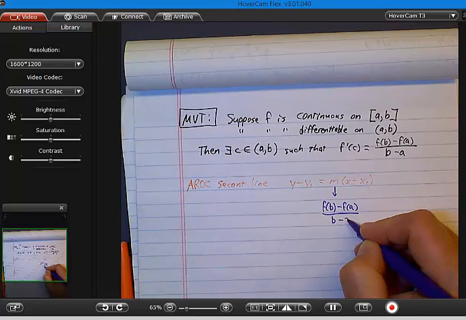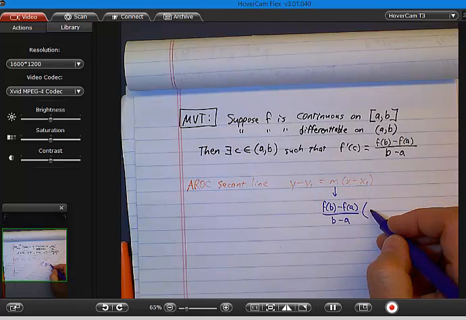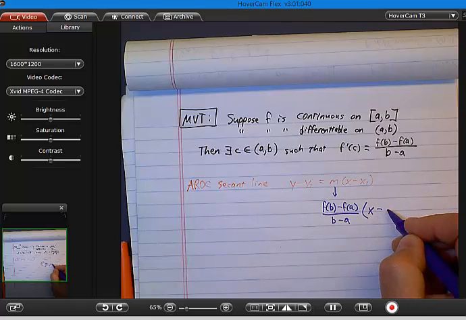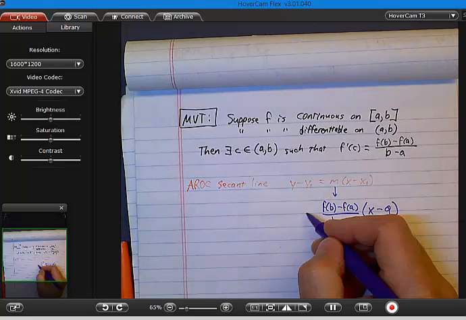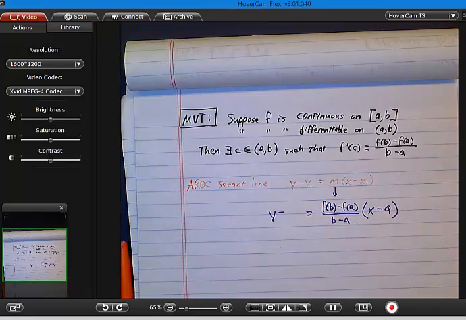Yeah. And then I have x minus, and let me call this thing a for my x1. And if I do that, what do I have to call y1 then? f(a), yeah.